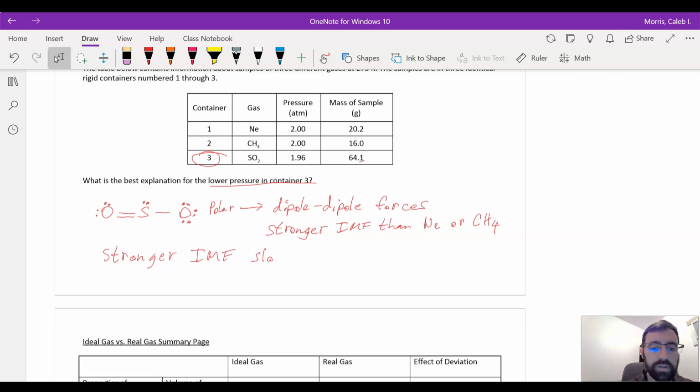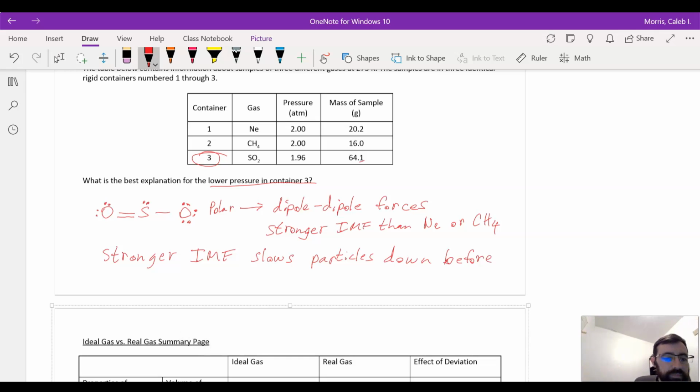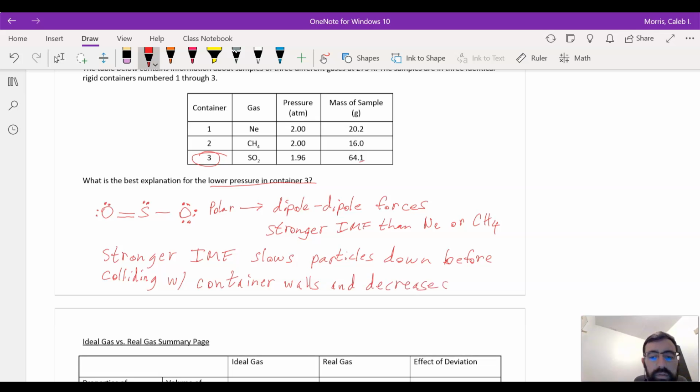Remember, that slows particles down before colliding with the container walls, and decreases pressure. So that would explain why we would have a lower than expected pressure. Lower pressure with SO2 than the other two because SO2 is less ideal.